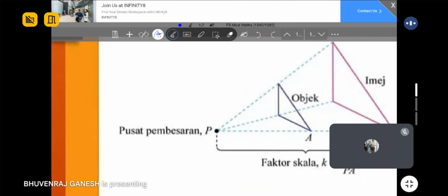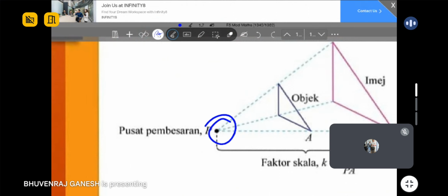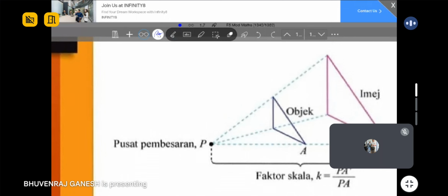So basically, if you have a center of enlargement, pusat pembesaran, then only we call it an enlargement. You must have this common point, titik yang serupa, the intersection point. You can see that we connect the corresponding points on object and image, kita menghubungkan titik sepadan atas objek dan juga image untuk bentuk garis.